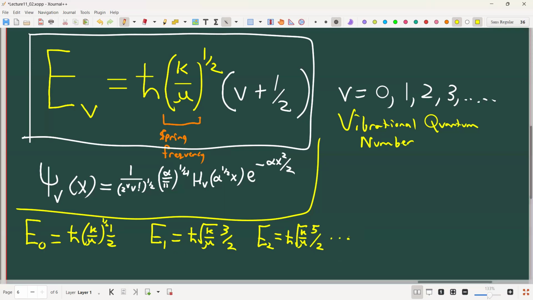So these are the allowed vibrations of the system. The idea is that you can't stretch a quantum spring to any length we want or to any energy; we can't put in an arbitrary amount of energy. We can only put in quantized amounts of energy.